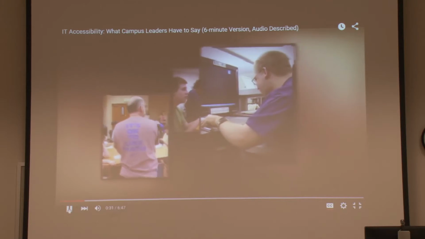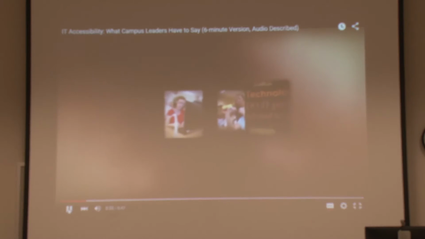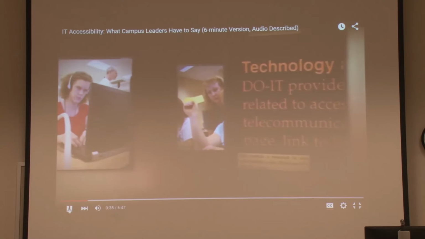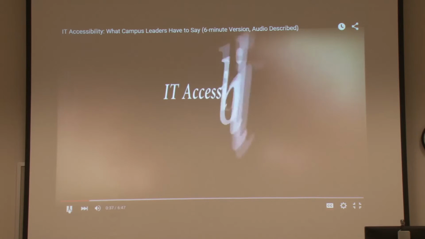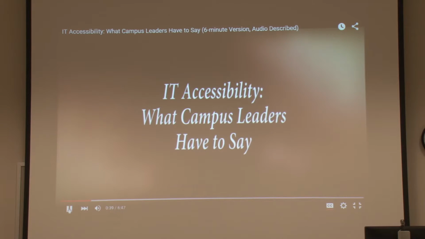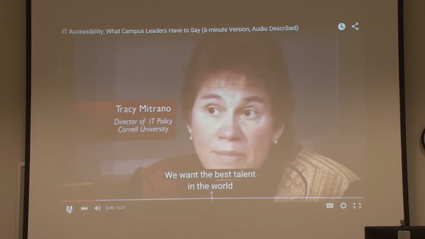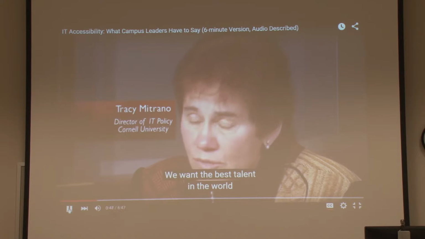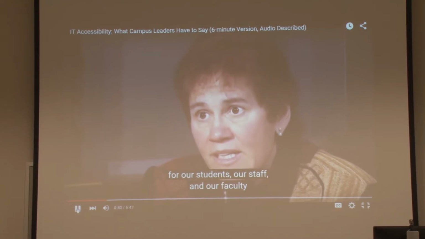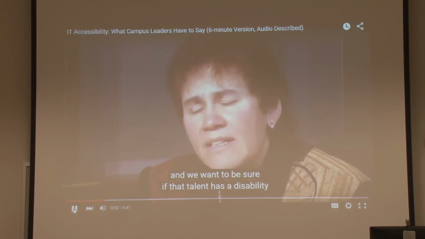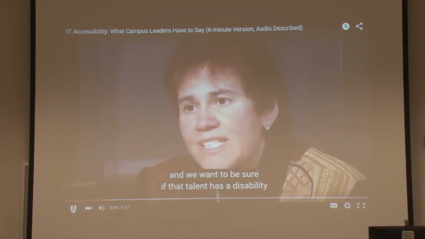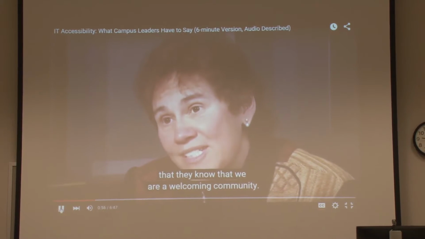Images of a teacher and students in classrooms and at computer stations. Text adjust through a CCTV. Words appear. IT accessibility, what campus leaders have to say. Tracy Matrano, Director of IT Policy, Cornell University. We're a leading university globally. We want the best talent in the world for our students, our staff, and our faculty. And we want to be sure if that talent has a disability that they know that we are a welcoming community. Pablo Molina.